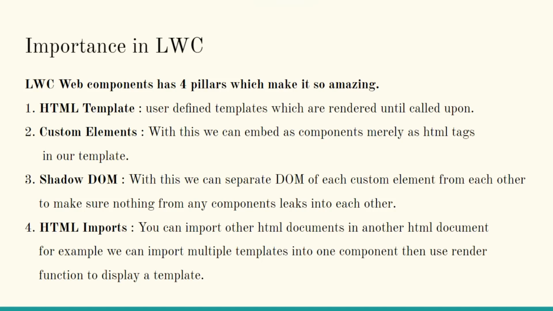Later on you can add your test file, CSS or SVG files. The main HTML file is all about the templates. You start writing the code using the template tag, right? That is the first pillar, the HTML template.